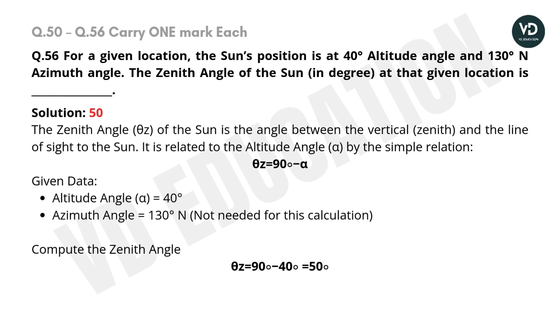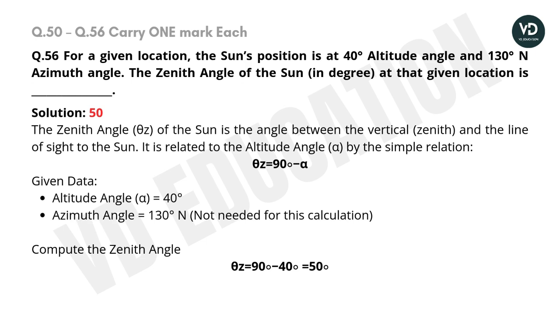The zenith angle of the sun is the angle between the vertical zenith and the line of sight of the sun. It is related to the altitude angle by a simple relation. Here we can see the formula: zenith angle equals 90 degrees minus altitude angle.